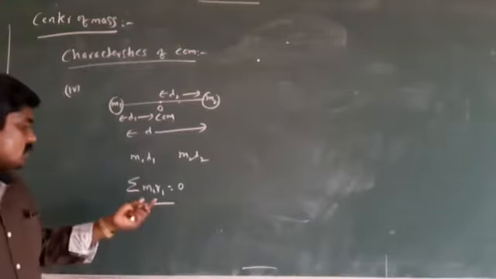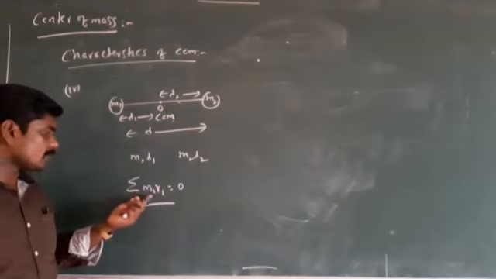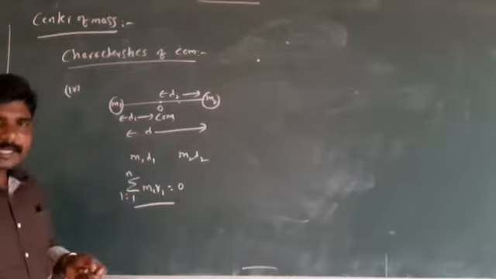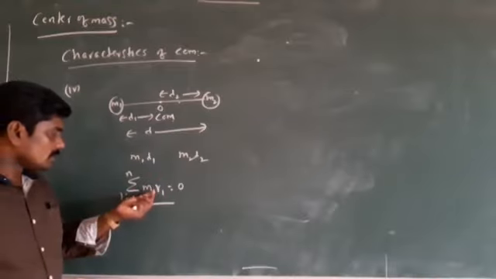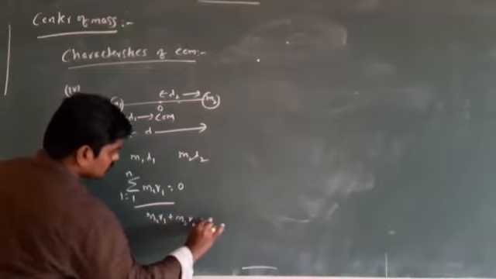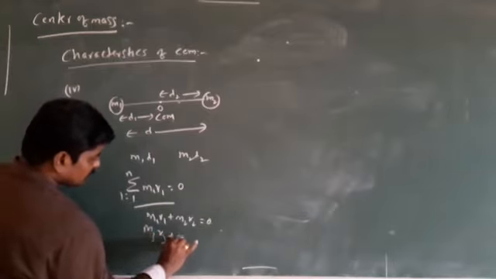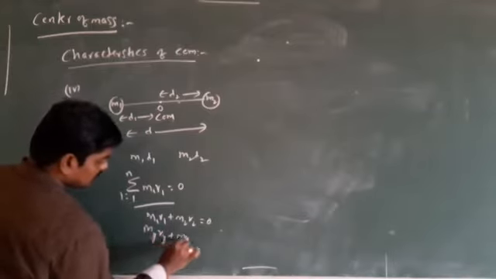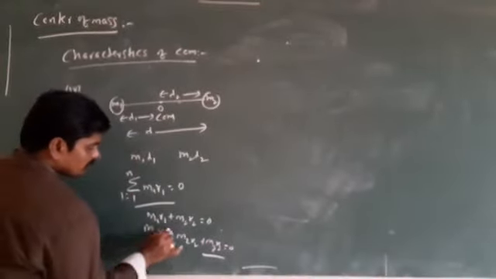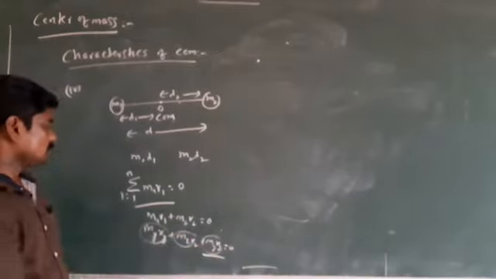If the system contains n particles, I write sigma mi ri is equal to 0, where i is from 1 to n. If the system contains two particles, we can write m1 r1 plus m2 r2 is equal to 0. If the system contains three particles, m1 r1 plus m2 r2 plus m3 r3 is equal to 0. This is called the moment of masses. The sum of the moment of masses about the center of mass is 0.